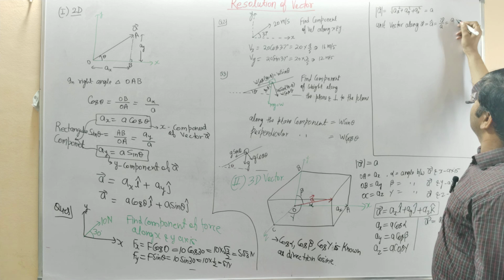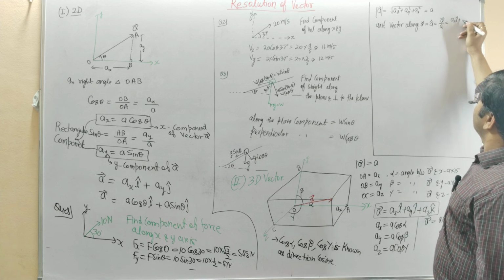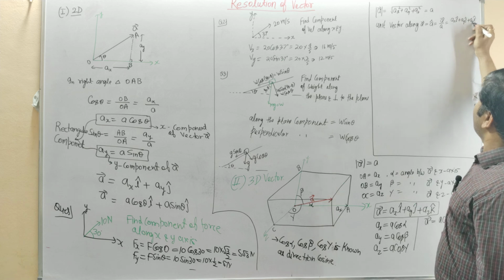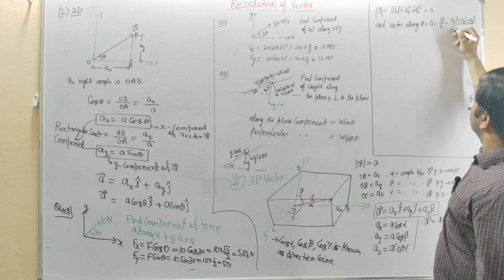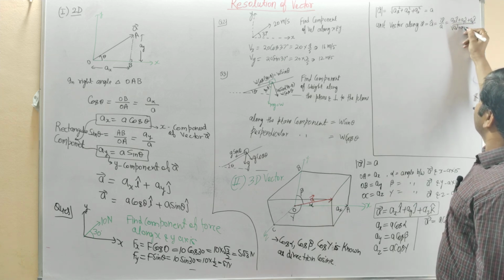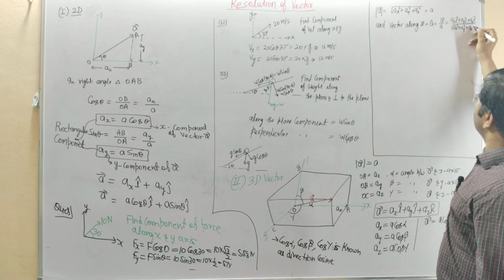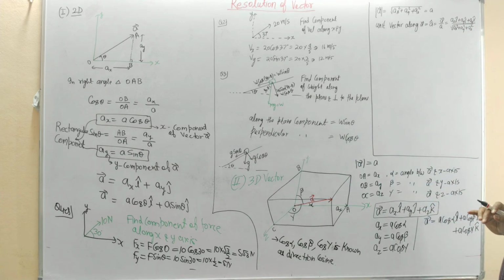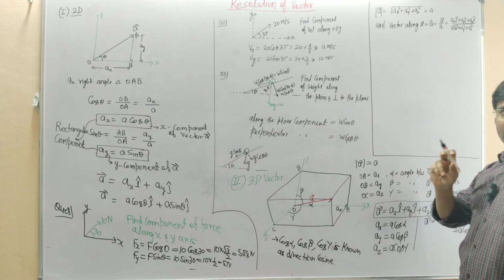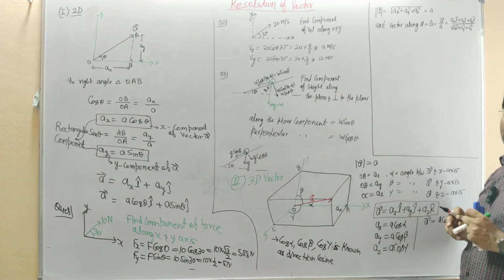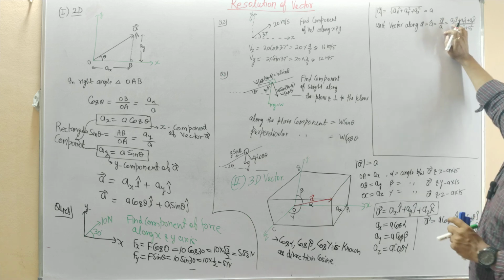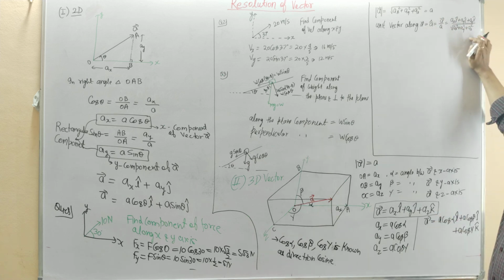That means I can write AX i cap, AY j cap, AZ k cap upon the magnitude, which is the square root of AX square plus AY square plus AZ square. So this is how we will find the unit vector. If there is a 3D vector and you want to find the unit vector along it, we only have to write the vector upon the magnitude of that vector.